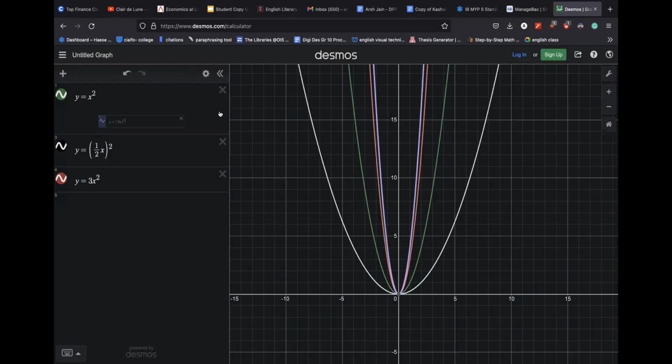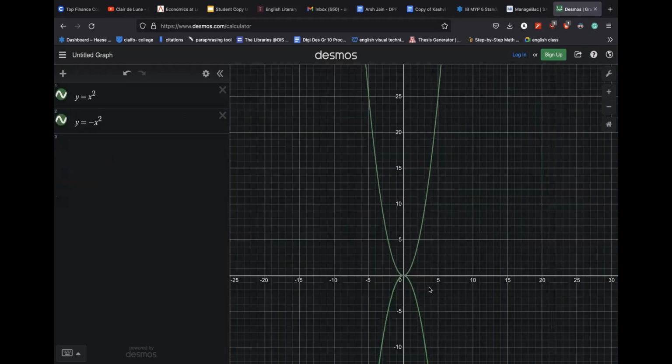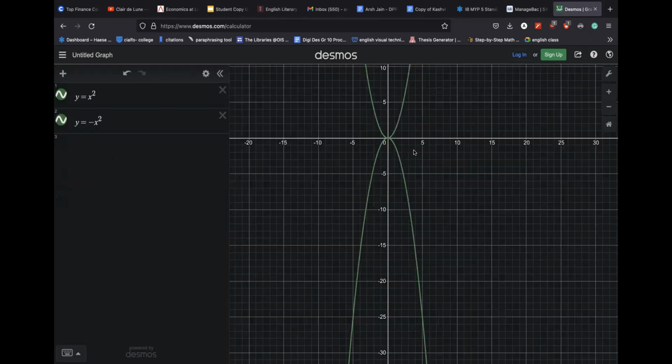Remove everything else. Keep y is equal to x squared. Now write y is equal to minus of x squared. What happened? It's a vertical reflection. The minus sign reflects things.